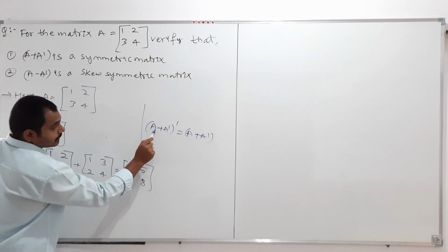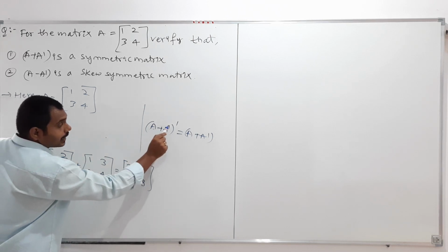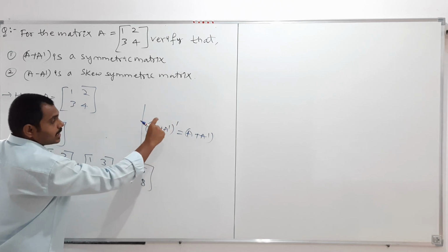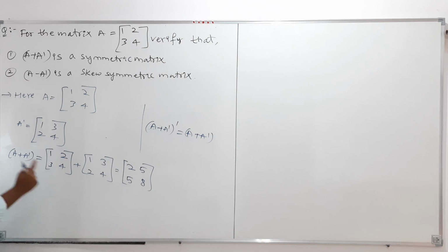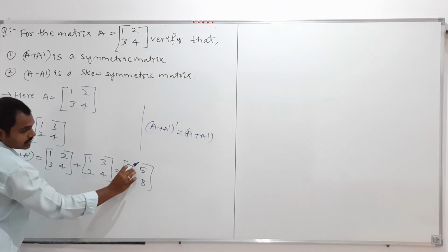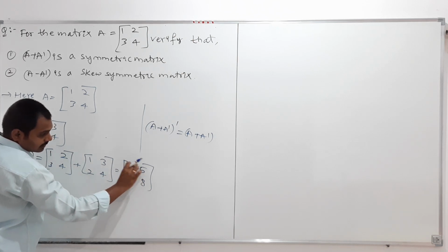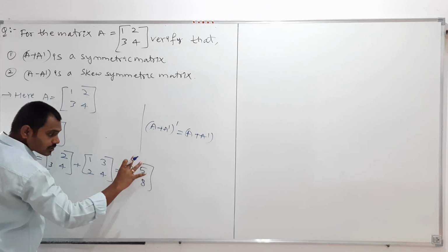I require A plus A transpose whole transpose. If this value is the same as A plus A transpose, then we can say that A plus A dash is a symmetric matrix. For that, I will find A plus A transpose whole transpose. A plus A transpose is this much. Now we should consider the transpose of this matrix.